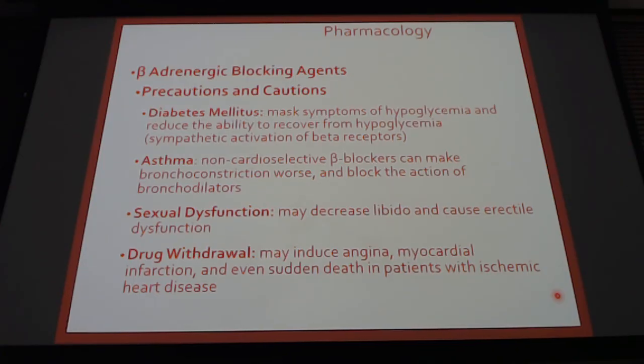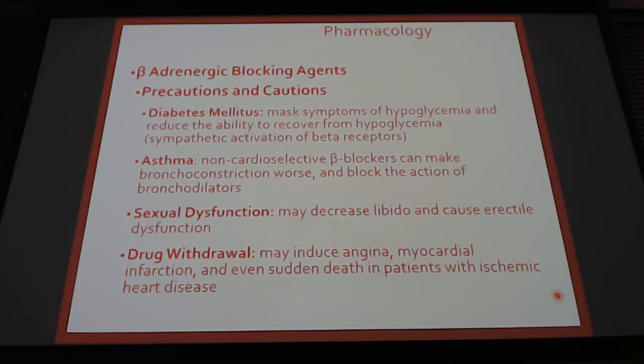Asthma: patients who have asthma have bronchoconstriction. If they're taking a beta blocker, that can also cause bronchoconstriction, right? Especially if it's non-selective, because I'm not looking for just beta 1, I can also hit your beta 2. So it can worsen asthma in my patients if I choose a non-selective beta blocker, because I'm now targeting beta 1 and beta 2, so I'm hitting your heart and your lungs.